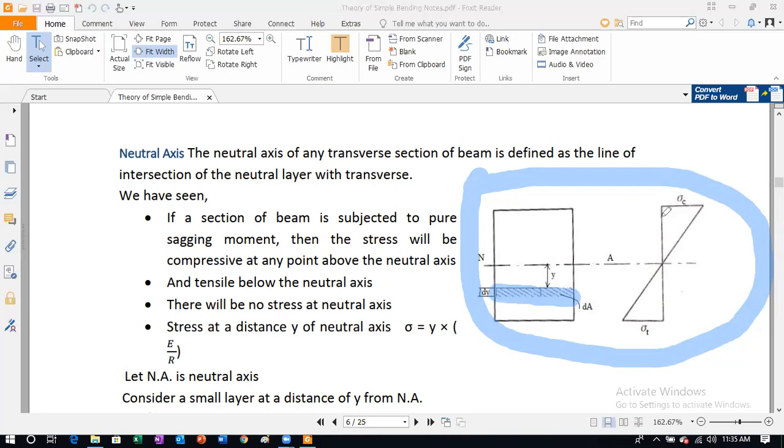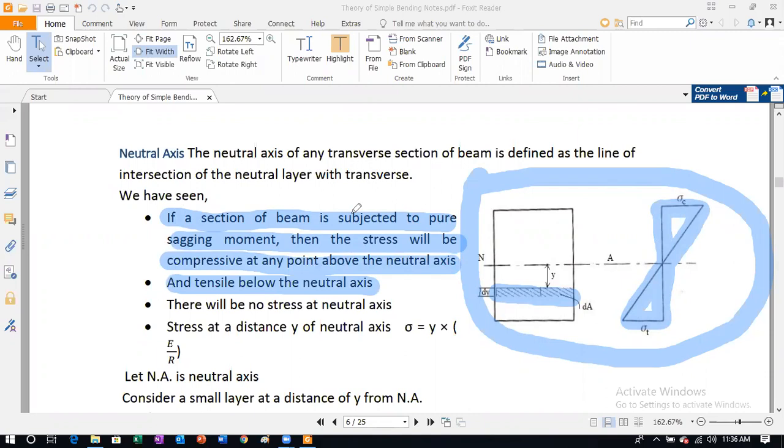This is the stress diagram of this particular beam having rectangular cross section. Let us read first. If a section of beam is subjected to pure sagging moment, then the stress will be compressive at points above the neutral axis and tensile below the neutral axis. How will we draw this diagram? Let us see.